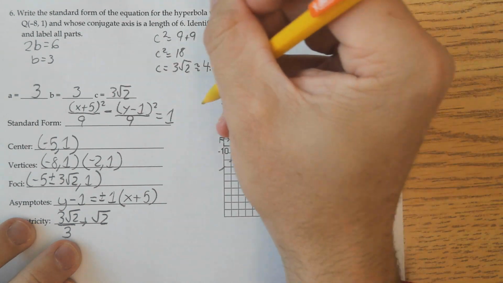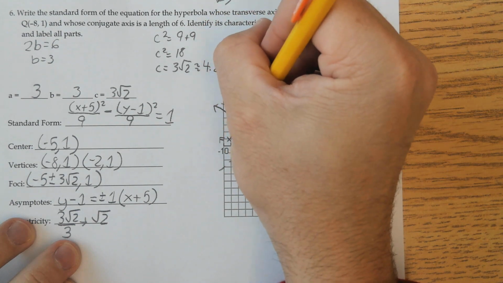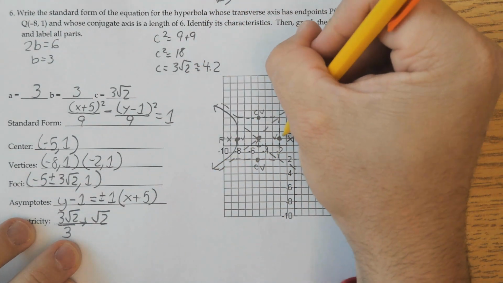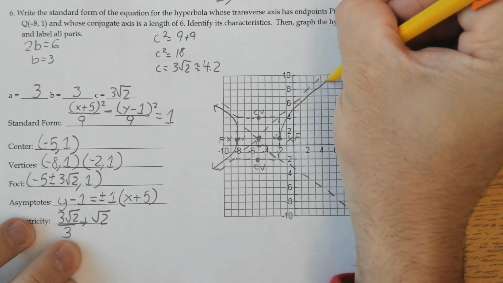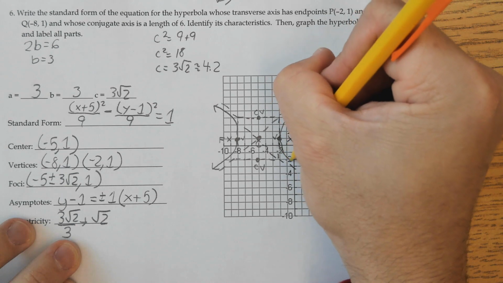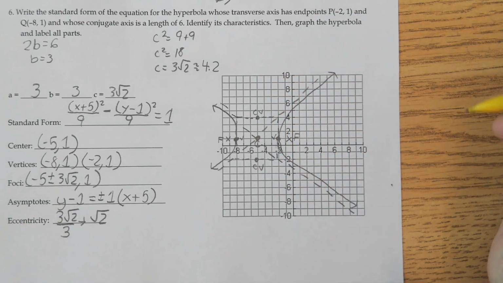And now we just draw the hyperbola part. And there you go. Yeah, I mean, you probably don't have to stretch out that right side as far as I did, but it is what it is.